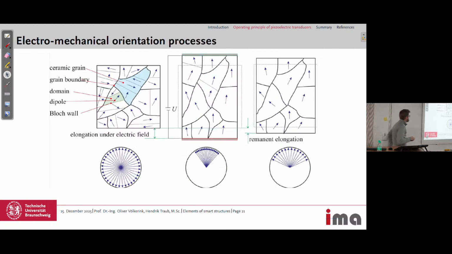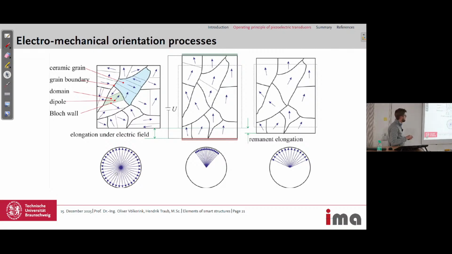We also have another type of figure for this, just to visualize the process. We have these circles with the arrows for the polarization orientation, which is randomly distributed after the spontaneous polarization.